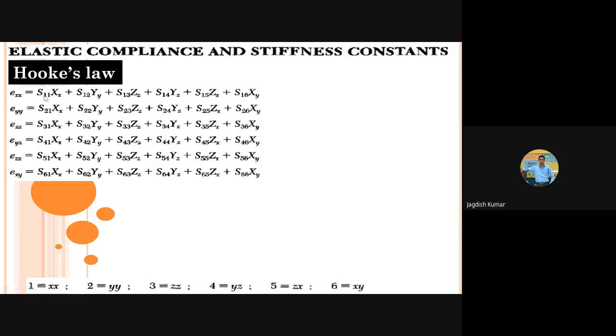Similarly, S11 means it is relating XX strain with XX stress. If I say S12, this means it is relating XX strain, where 1 means XX, with 2, which is YY.